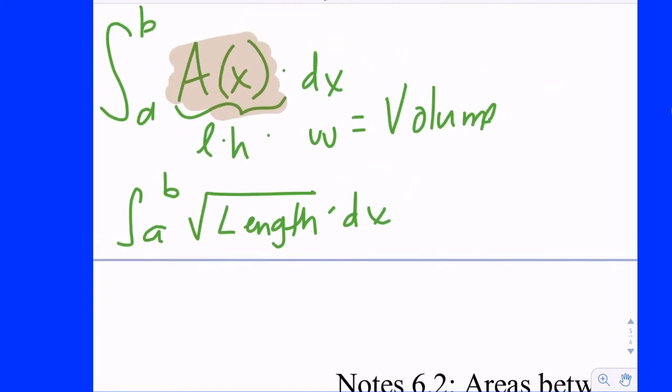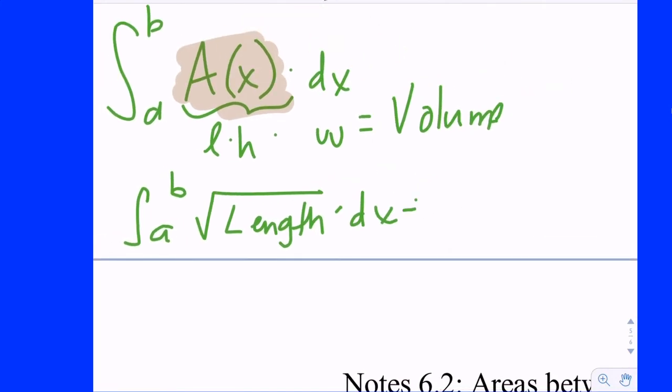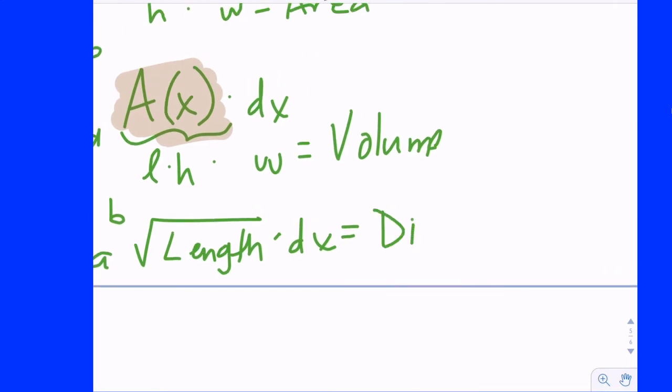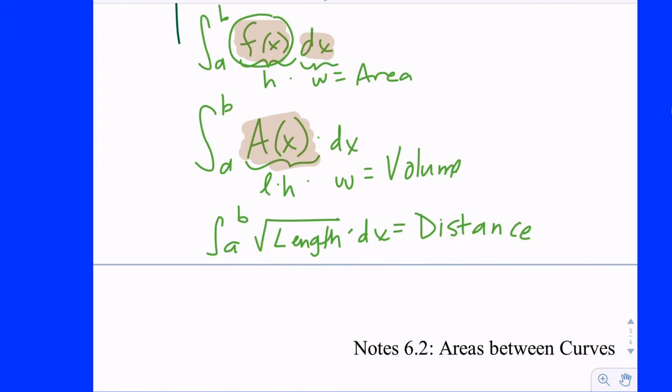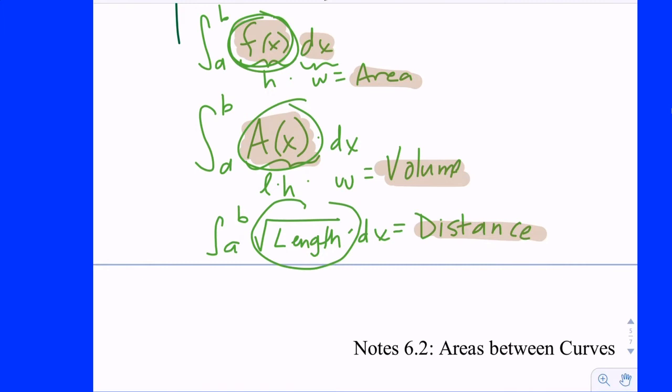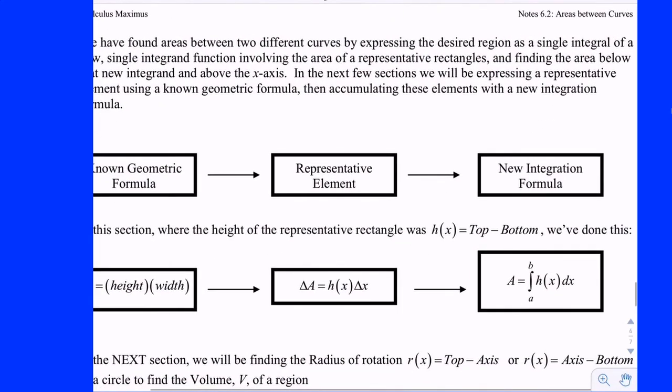Yeah, this is going to give you distance. You're going to have one dimension. You're going to set up the integral to give you a one-dimensional thing. So we can use the integral, which starts off as a two-dimensional integral, to find a three-dimensional thing. We can use it to find a one-dimensional thing. It's all about whether or not you can come up with a single equation that represents that function. Okay, and that's all this is saying right here.